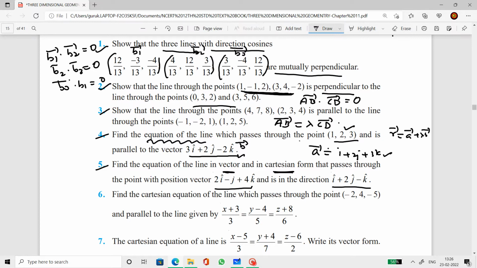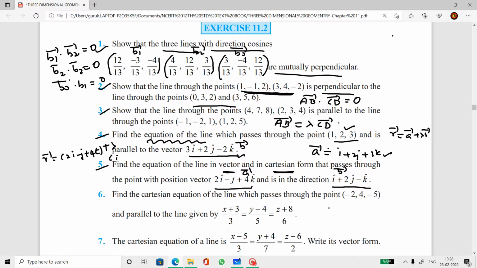Right, so this is going to be my A vector, this is going to be my B vector. So R vector equals 2i minus j plus 4k plus lambda times B vector, which is i plus 2j minus k, right?